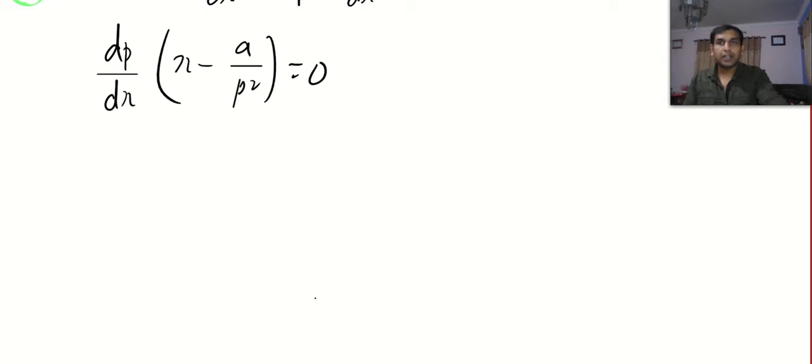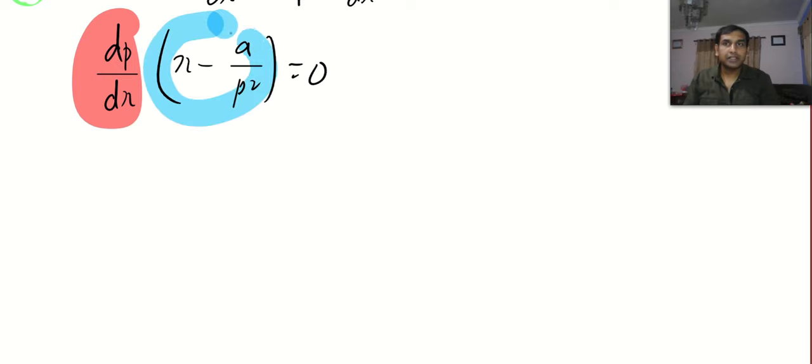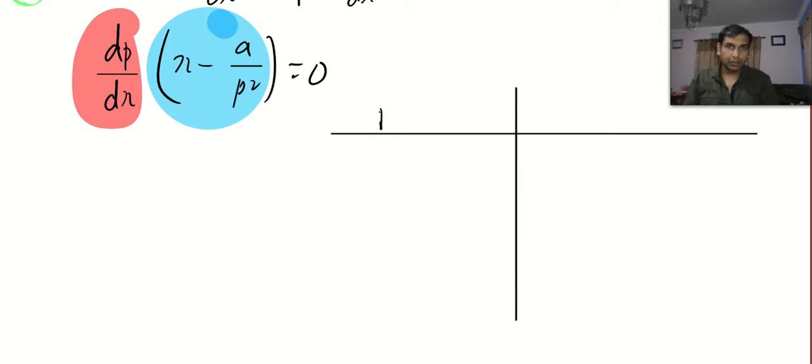See, now we are able to factorize. So this is going to give you general solution, and this is going to give you singular solution. So I'll write, for general solution, use the factor that contains dp by dx.